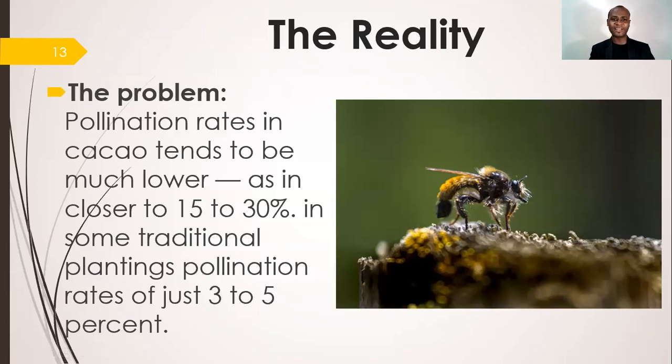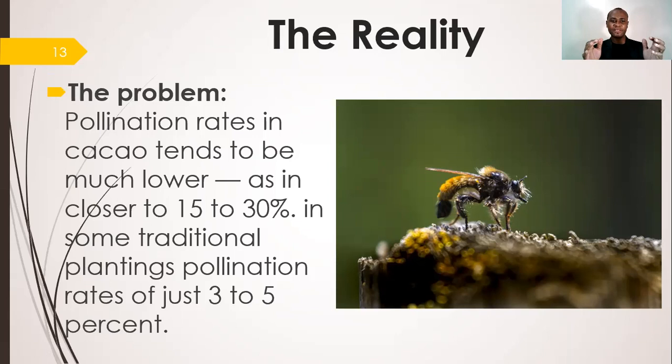Okay, the problem: pollination rate in cacao tends to be much lower, usually between 15 to 30% in most traditional cacao plantations. Just that. So only 15 to 30% tend to be pollinated.